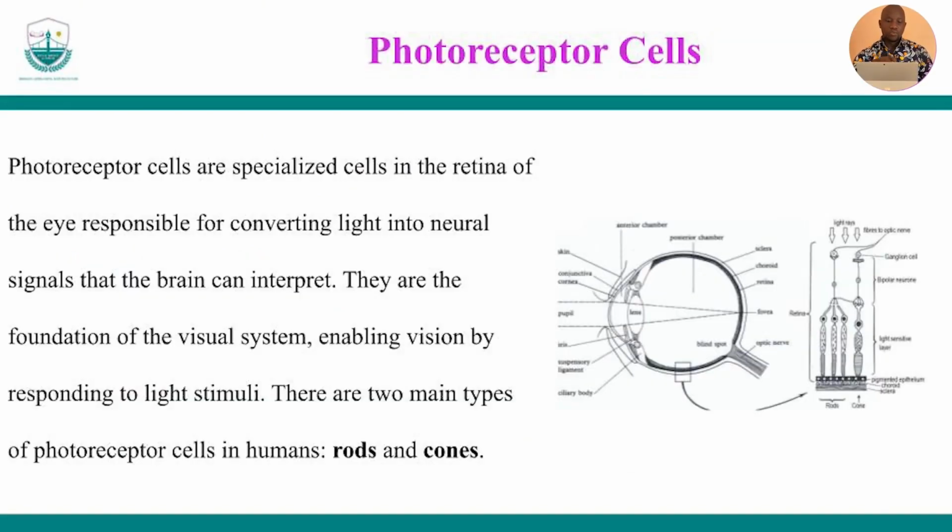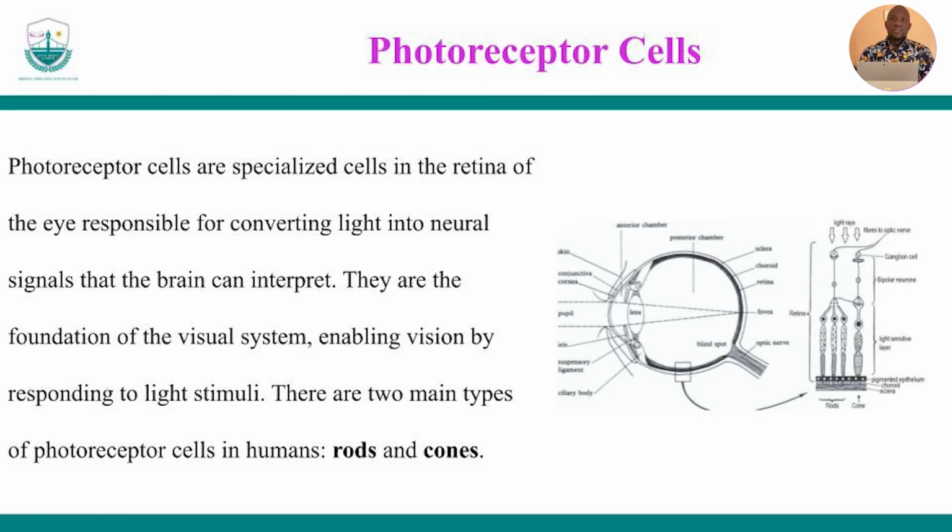So the cells responsible for converting light into neural signals, or action potentials, are the ones that we call the photoreceptor cells. That means that everything that we see, our vision, is because of these photoreceptor cells converting that light into electrical signals.